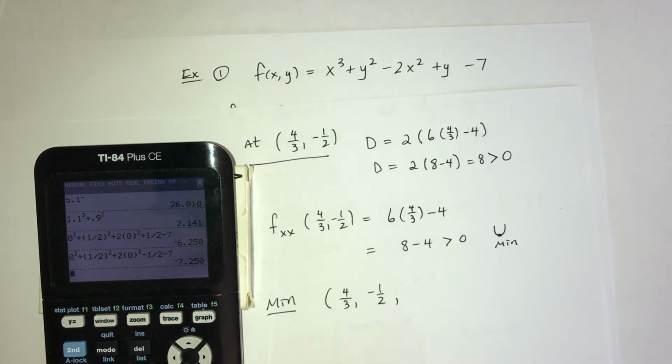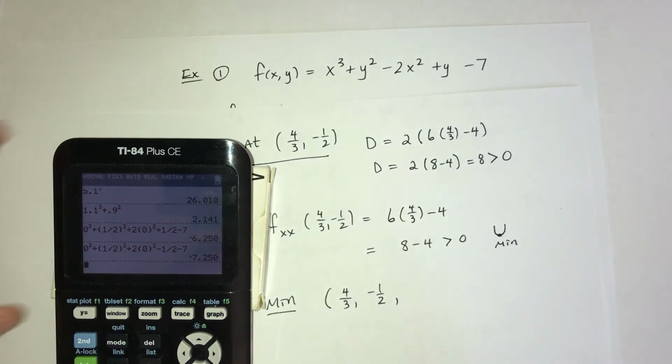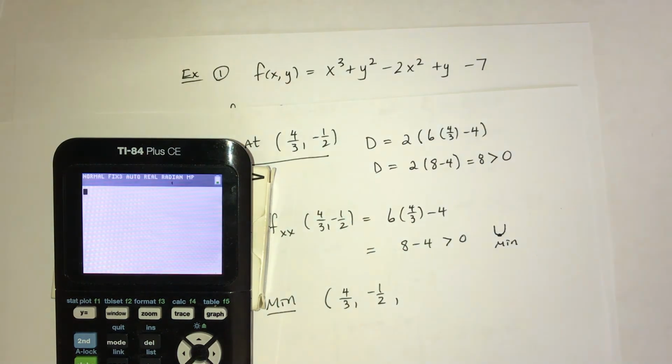So substituting this into the calculator. So 4/3 gets cubed, and plus the negative 1/2 gets squared, minus 2, and then x gets squared. 4/3 gets squared, and then plus the y, which is negative 1/2, and minus a 7.